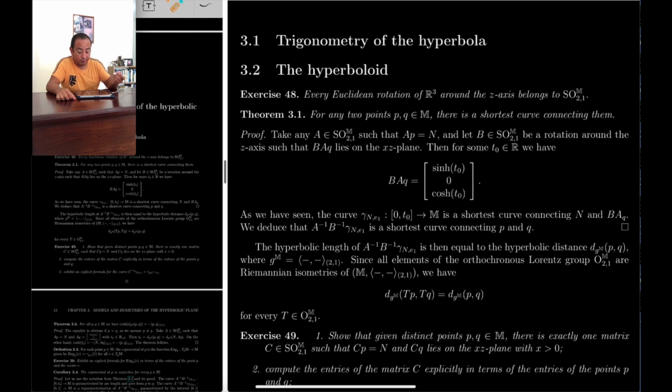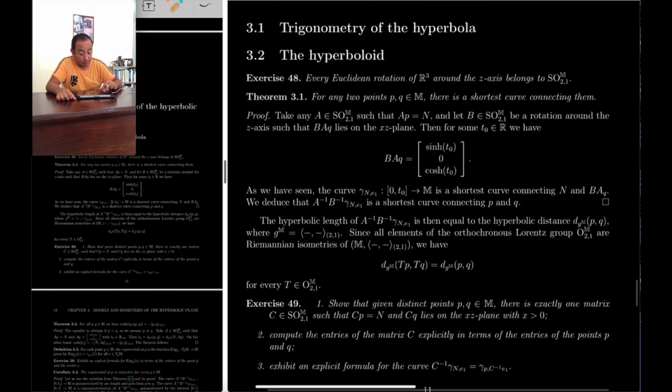So the result follows. Now notice something interesting: it is possible to compute A and B explicitly in terms of P and Q. In other words, it is possible to write a program that has P and Q as inputs, and as output gives the shortest curve connecting them.